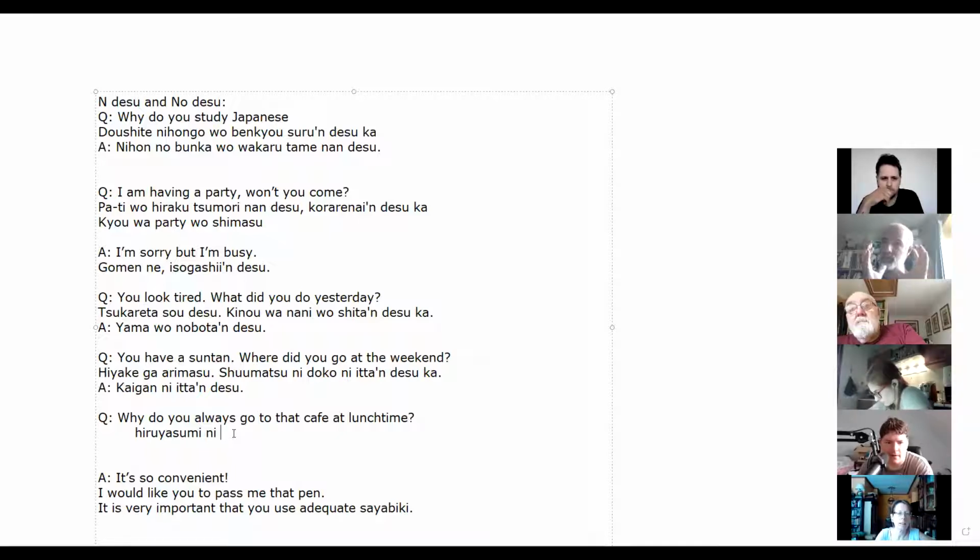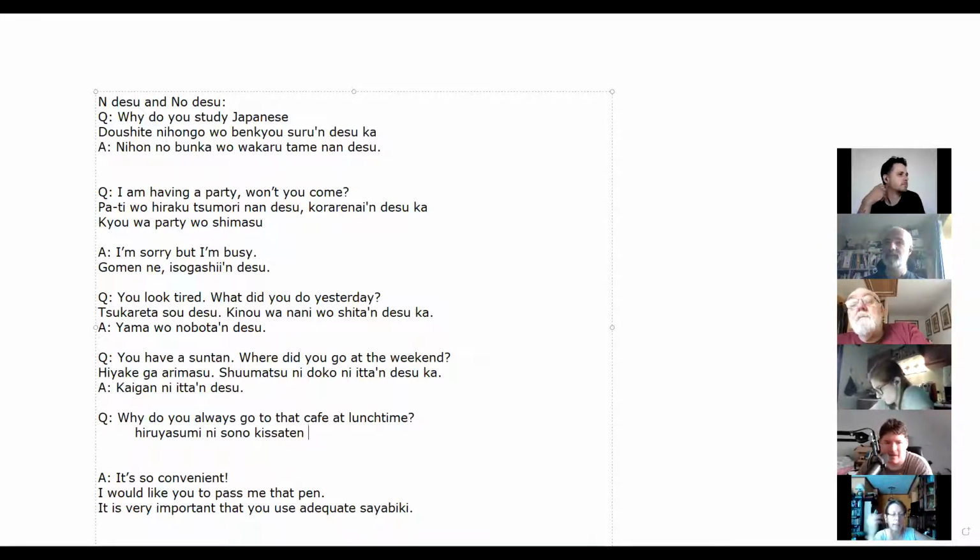So I want you to do this slowly, build up the question, starting from a seed and building it up from there. First translate, you go to that cafe at lunchtime, just this. Cafe, kisaten. Which kisaten? Kono kisaten, or sono kisaten. Sono kisaten, yes, that's correct.